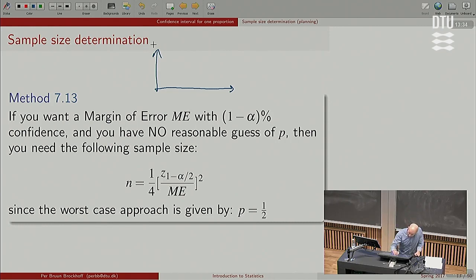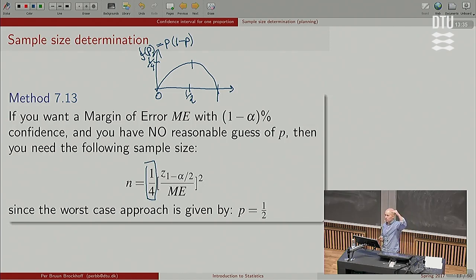Because the fact is that the function of P, the well-known parabolic function P times 1 minus P, maximizes in the middle with a value 1/4. It doesn't take too much function investigation to identify this to be the case. So we could take P times 1 minus P and put in 1/4 instead, and we have an upper limit, right?